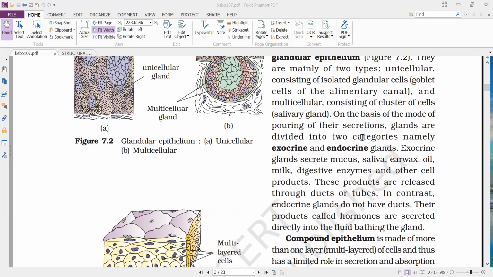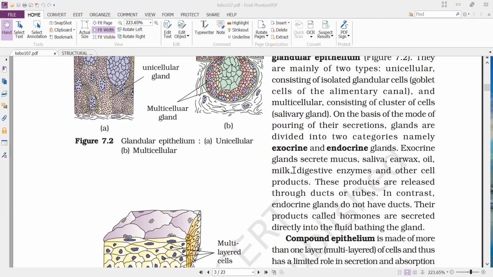What are the functions of these exocrine glands? They secrete mucus, saliva, earwax, the wax that is secreted in the ear, and oil, like the oil secreted by the glands present on the skin, like sebum.